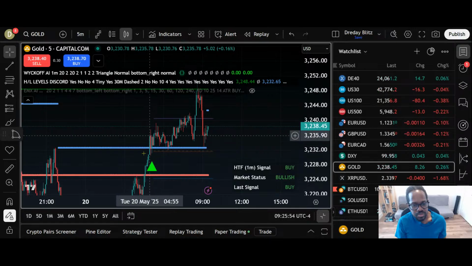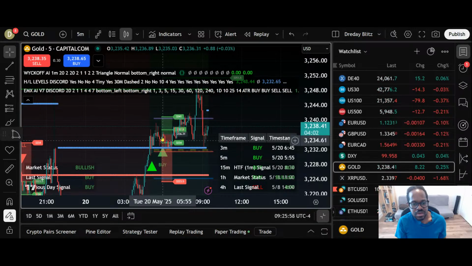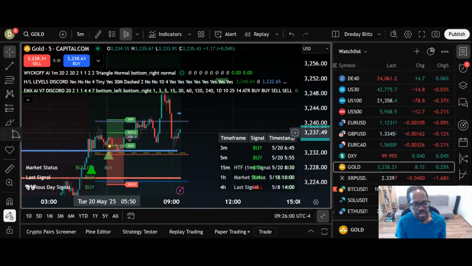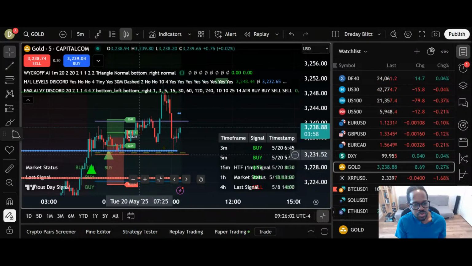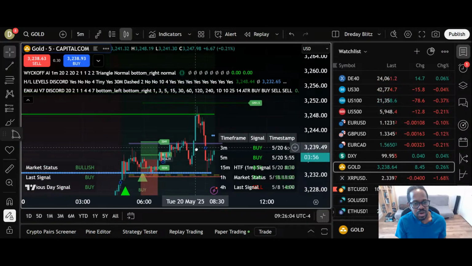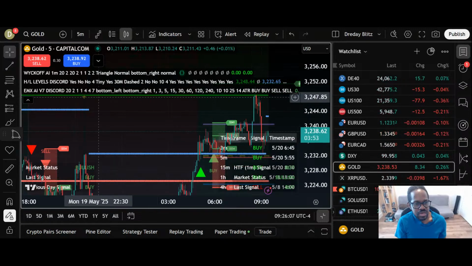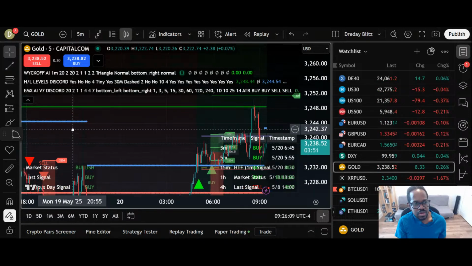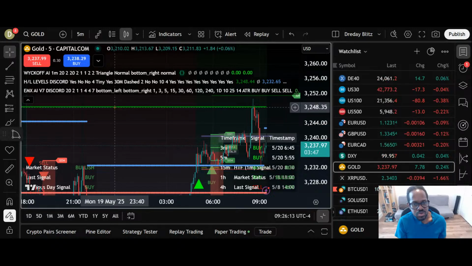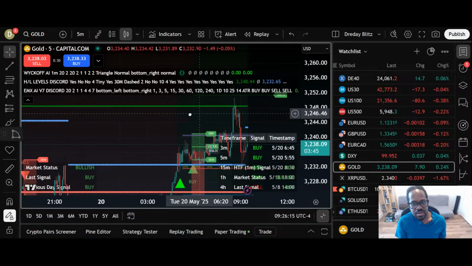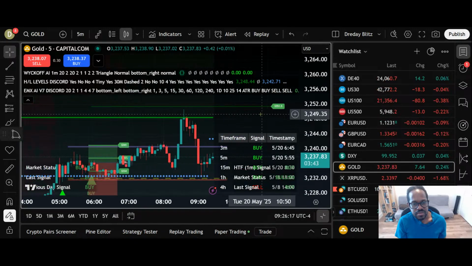So it basically gave you a buy, consolidated here off of that 30-minute level and started to go up to reach another level here. You have basically that TP here or this one, and it tapped it.